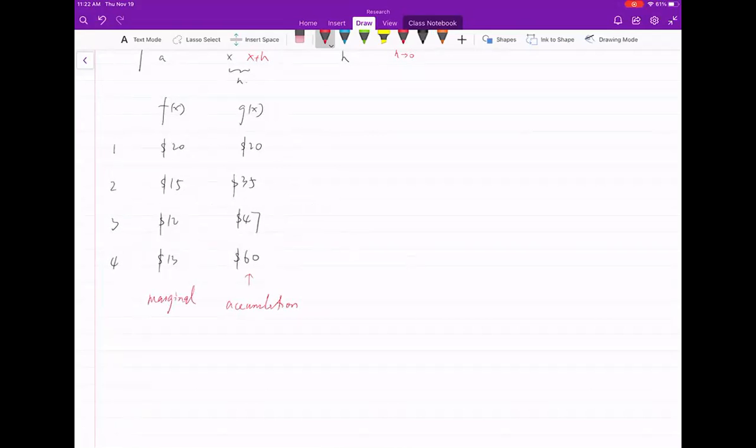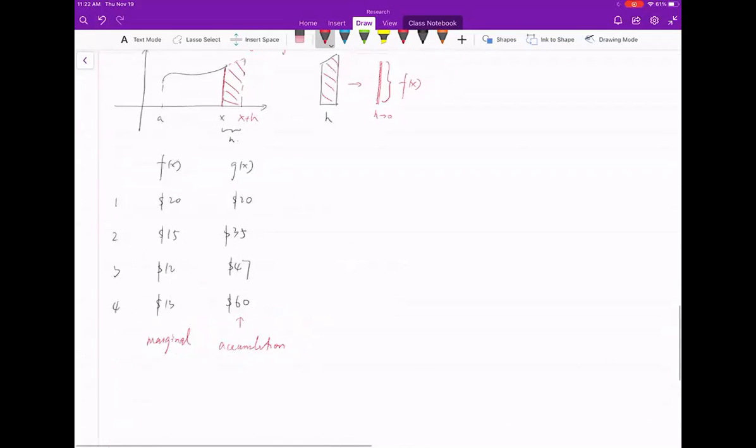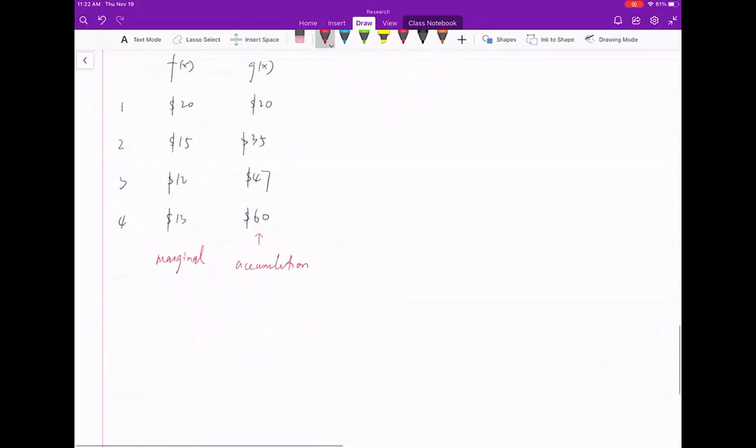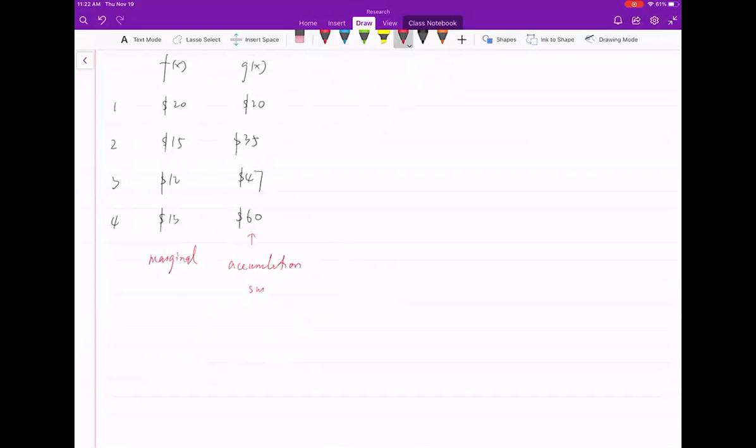Marginal cost, marginal price, marginal supply, marginal demand, whatever. Okay, what's the relationship between them? This is actually the sum of F, right? This is actually change of G. Good so far?